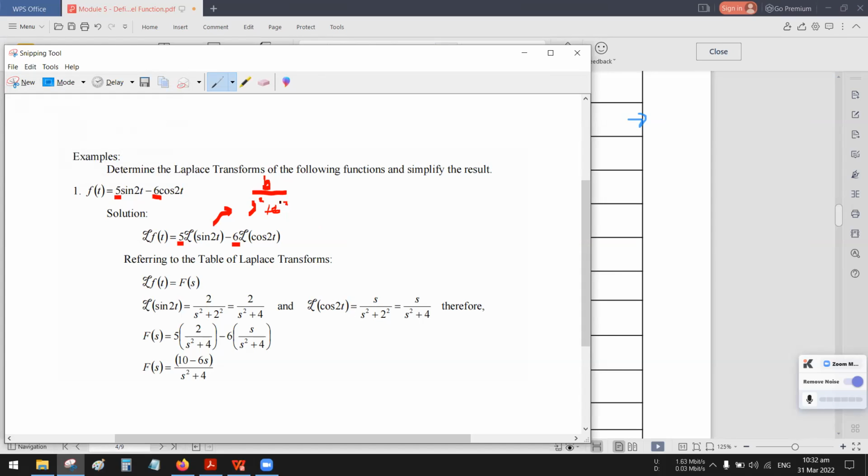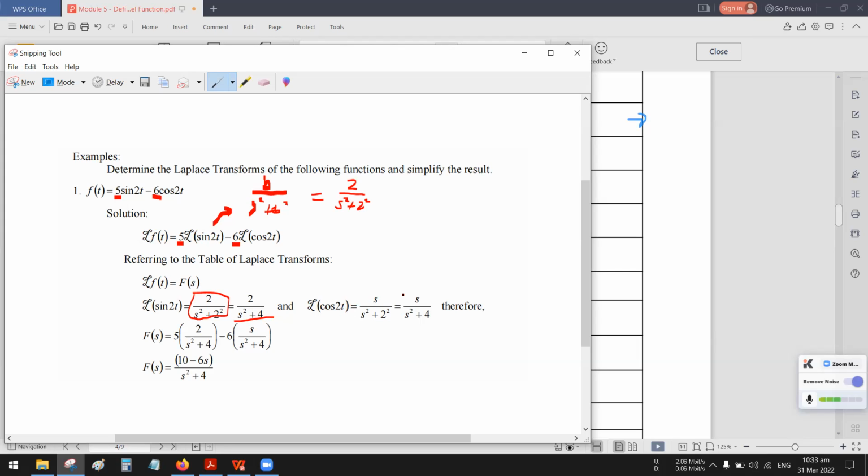And in this case, yung b mo is 2, di ba? So you will have now your 2 over s squared plus 2 squared. Ito siya. Or that is 2 over s squared plus 4. So this is now your equivalent of Laplace transform for sine 2t.